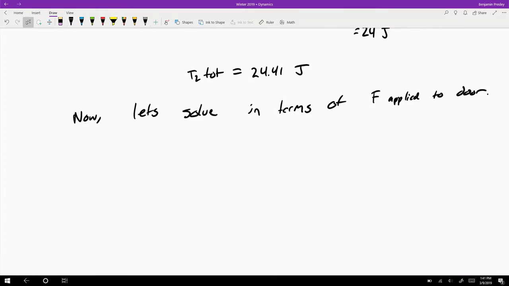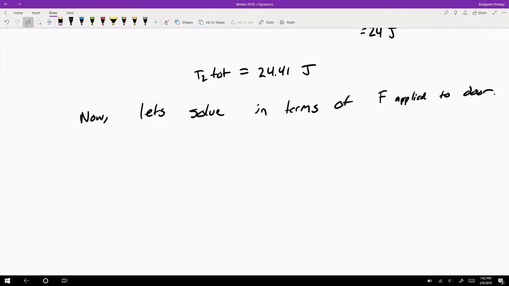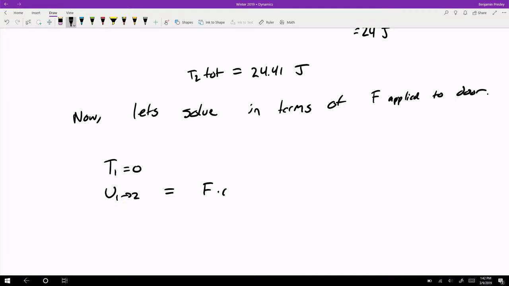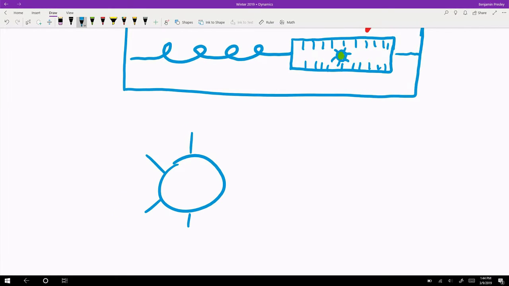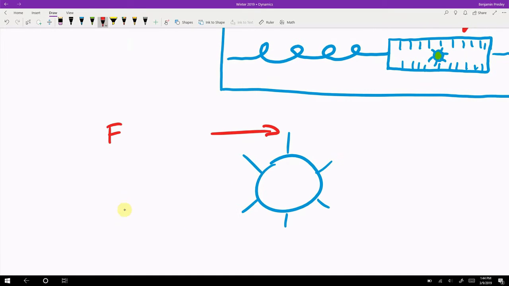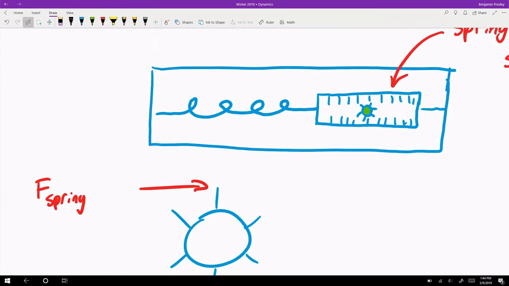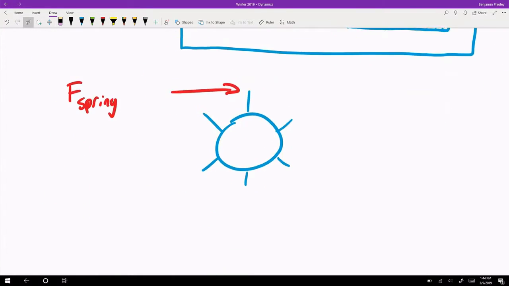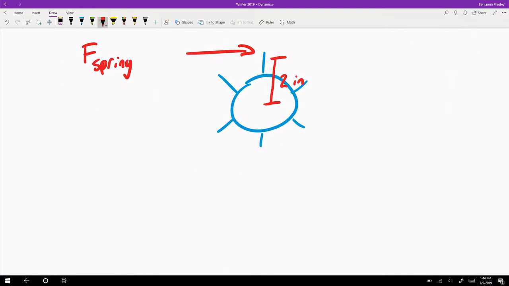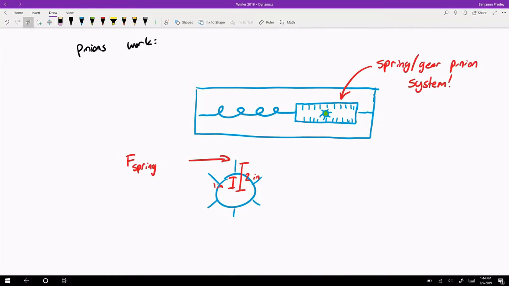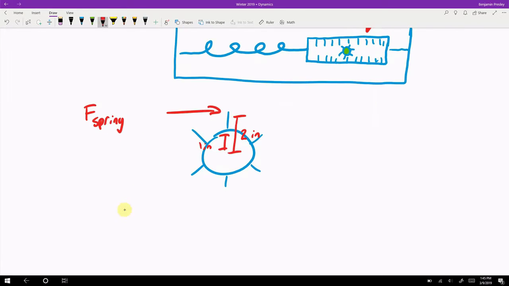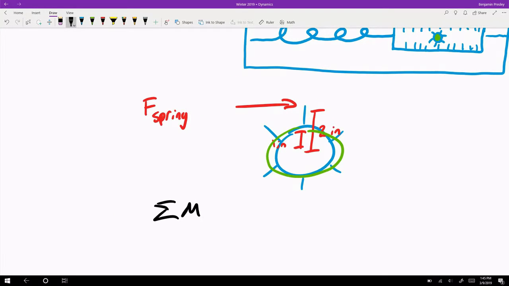Alright, now we're going to solve. First, we need to see how the forces of the spring affect the gear and pinion system. I really want to emphasize this next step.